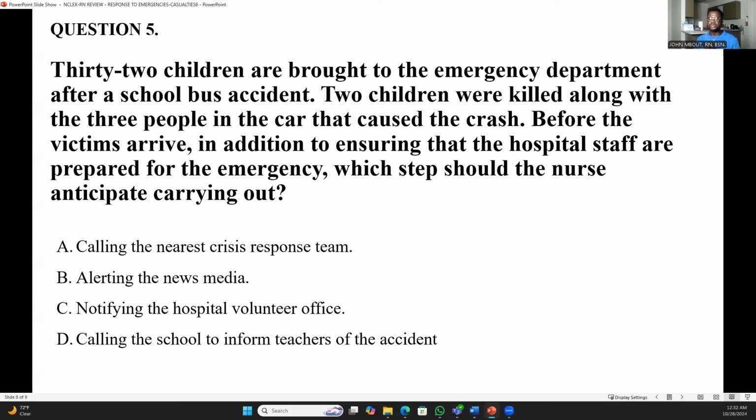Good, this is a very good question. A, calling the nearest crisis response team. B, alerting the news media. C, notifying the hospital volunteer office. D, calling the school to inform teachers of the accident.